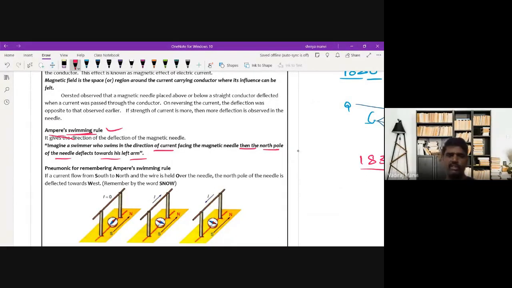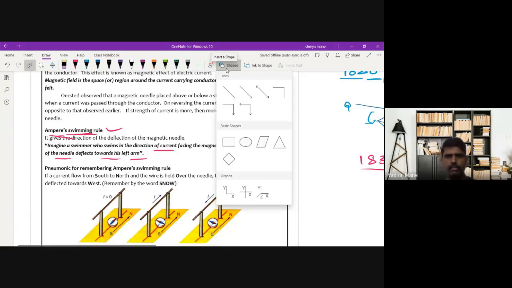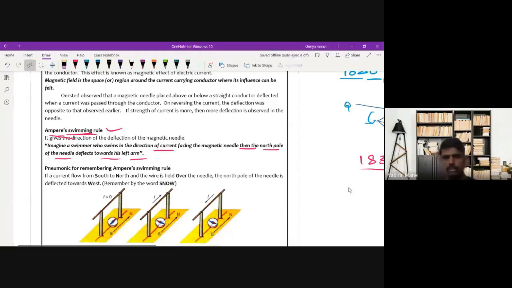For example, suppose this is the conductor. Imagine a swimmer is swimming in the direction of current, facing the needle.